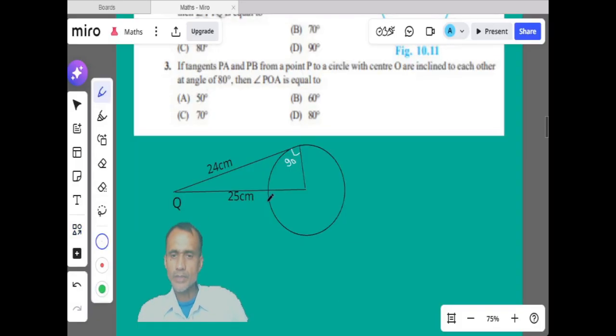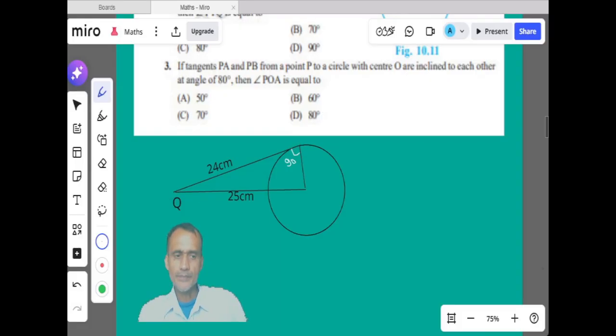So I have drawn the figure, and you see the tangent to a circle subtends an angle of 90 degree with the radius at the point of contact. So this angle is 90 degree.